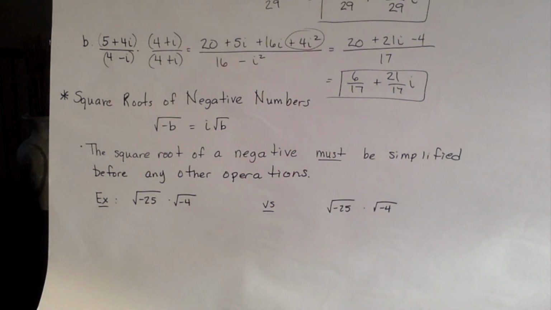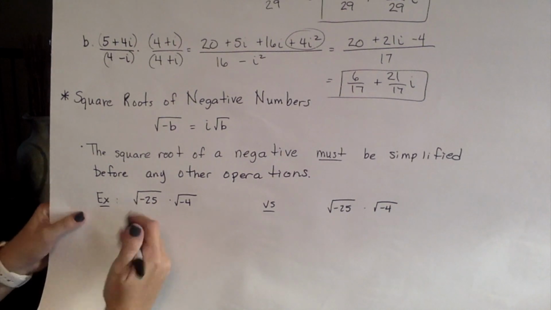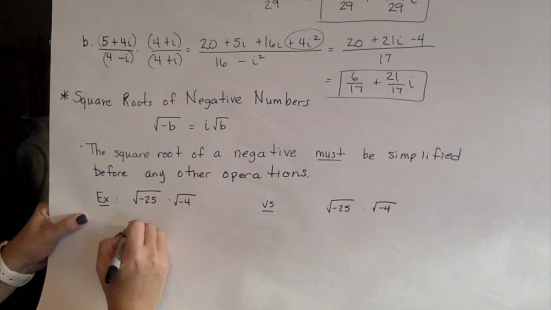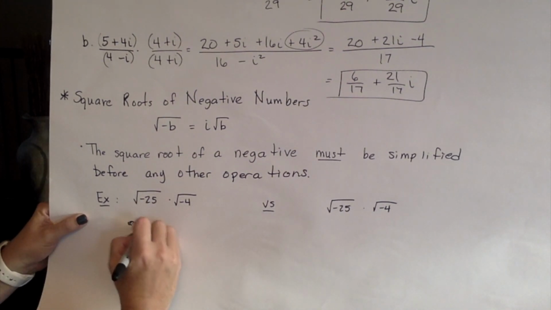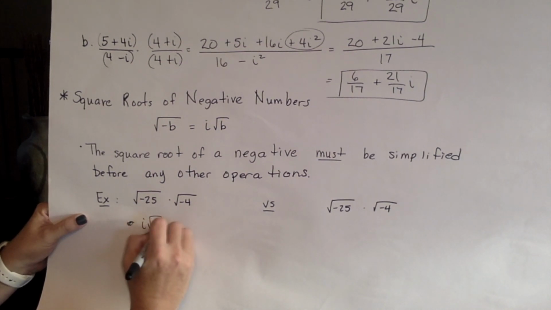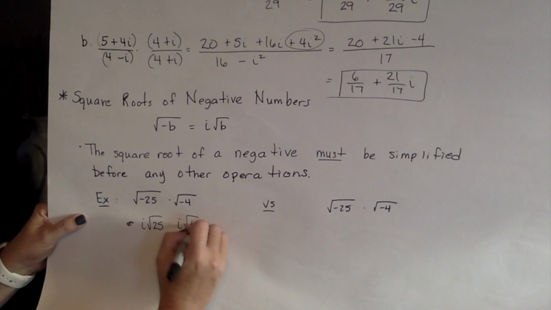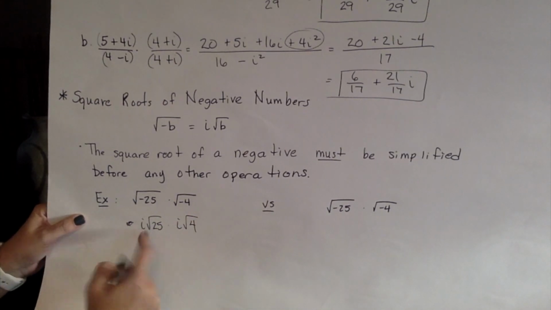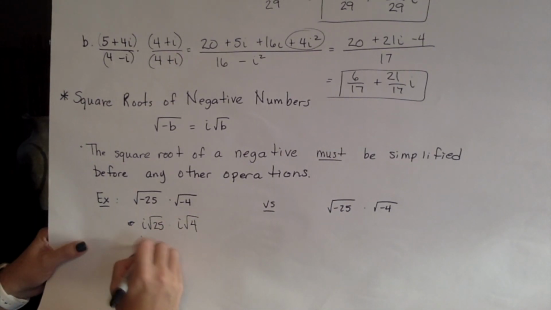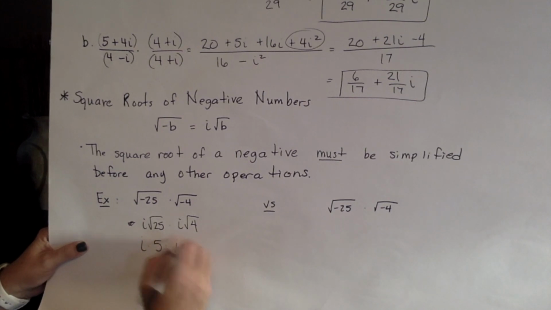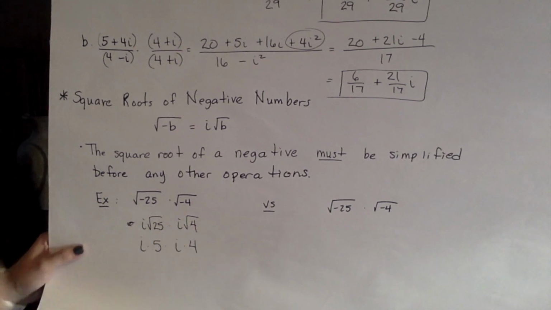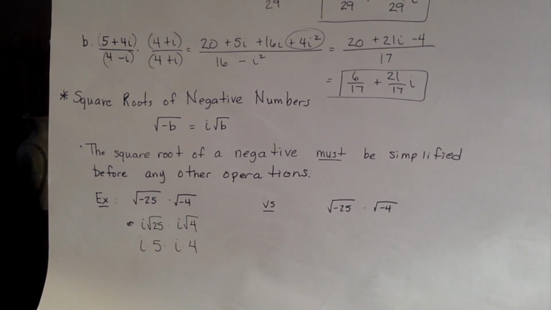So we're going to first simplify this as i square root of 25. The square root of negative 4 would be i square root of 4. Well, the square root of 25 is 5. The square root of 4 is, you guys, this is not 4, this is 2. Sorry, it's been a long day. All right, that's 2. When I multiply, remember we can multiply in any order we want.